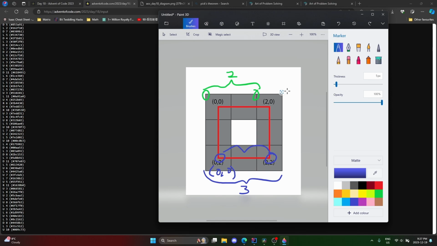Okay, now I'm slowly getting to the juicy bit. So the shoelace allows us to find the area inside this rectangle. So like this area. Now remember, this is technically a 2x2 square.